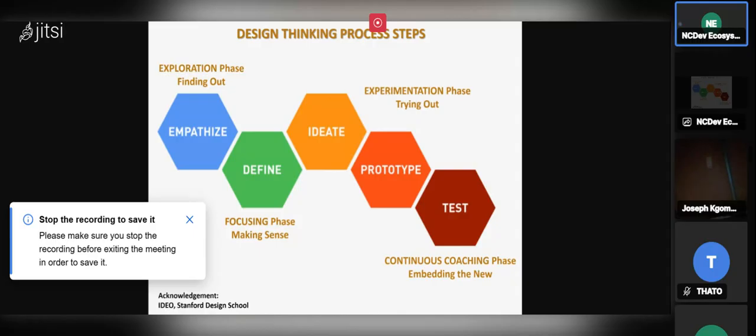We need to keep on empathizing with the customer to see what the problem is, and keep on identifying what the problem really is. Perhaps this is one of the problems, but it's not yet the root cause or the root problem. Perhaps this is a problem caused by another problem, and if you solve that deeper problem, then this problem that you are looking at can go away, right?